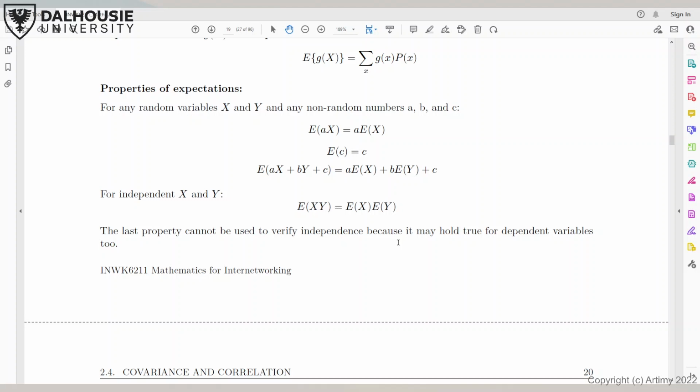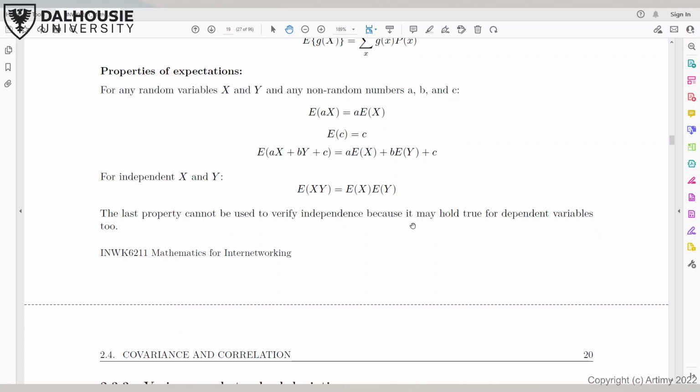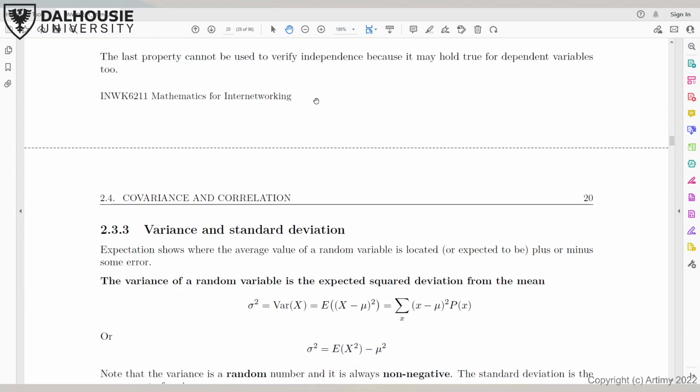So you cannot just say, if I give you a joint probability distribution and the expectations, you cannot just use this formula and say, oh, they are independent. No, you have to go back to what we talked about earlier and try every situation, or prove dependence, right? Because sometimes this formula becomes true even if they are dependent. So we cannot rely on it.